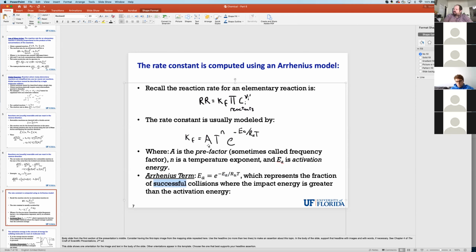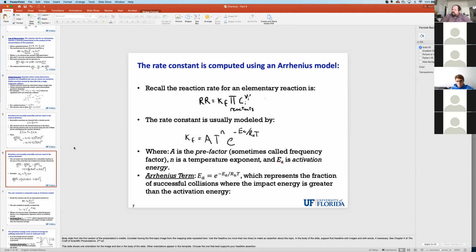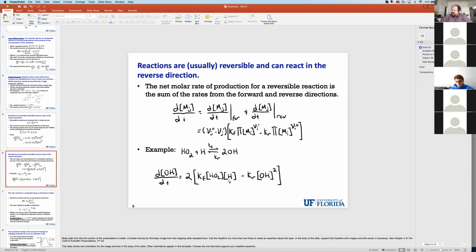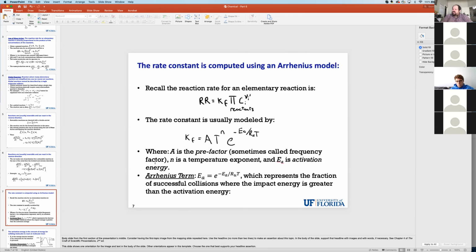And these two terms here are basically converting these two concentrations here, and if you multiply them by A and T raised to the 1/2 power, that is the total number of collisions. So this represents just the total number of collisions, and this term represents the fraction of those collisions that have enough energy to allow the chemical reaction to proceed.